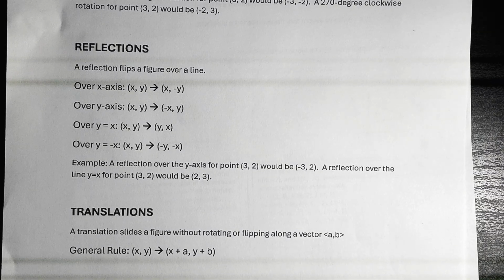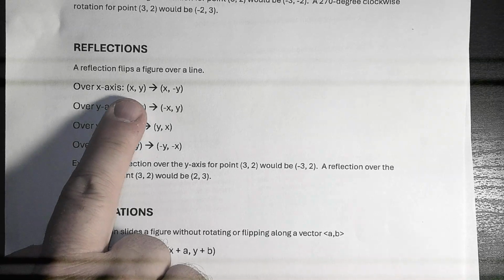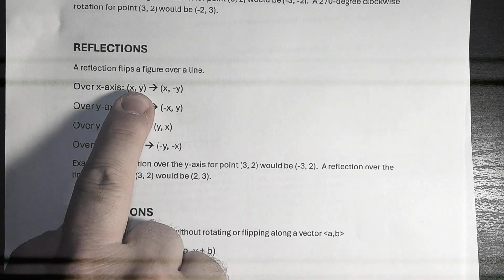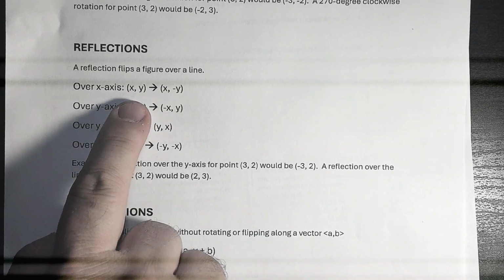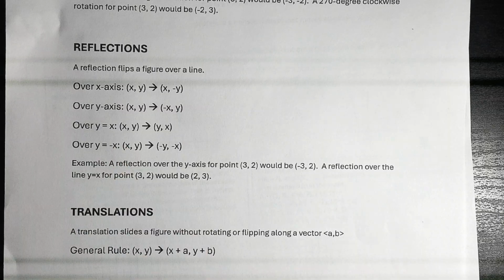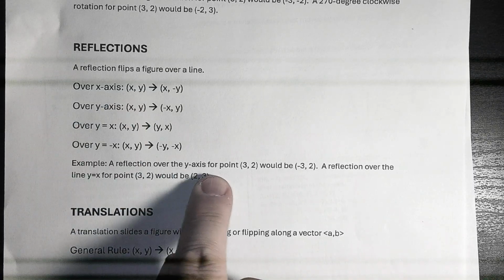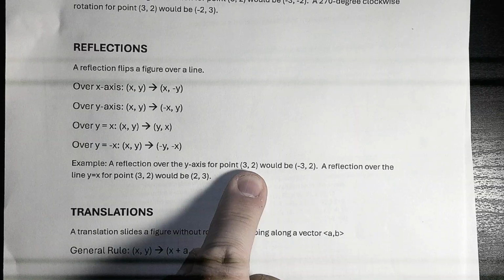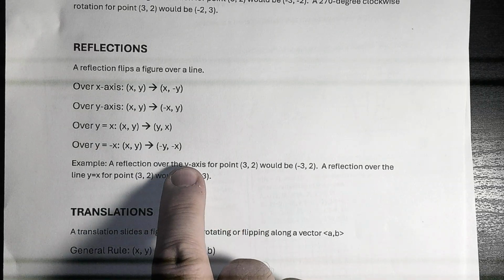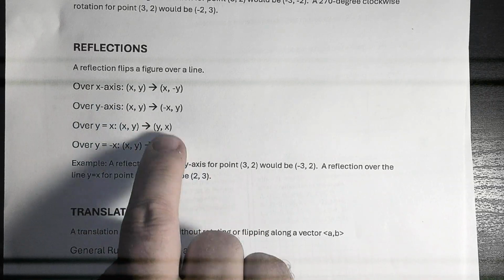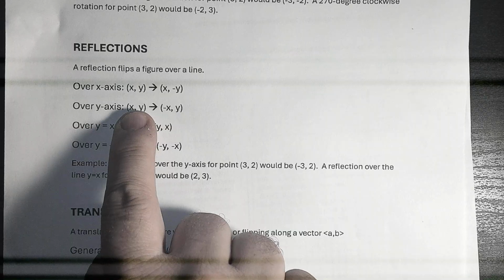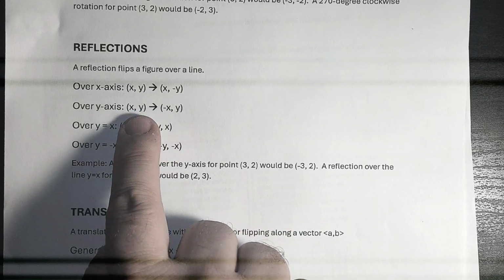Okay, so reflections. When we go over the x-axis, x comma y. Now this is what the problem gives you. Everybody gets so bent out of shape over letters and math, and I get it. But for this purpose, if the problem says the point is (3, 2) and we're going to reflect over the y-axis, the y-axis says we make the x negative and keep the y the same.